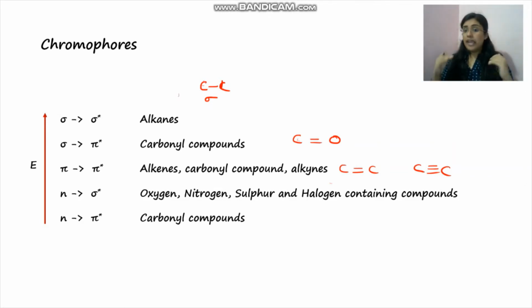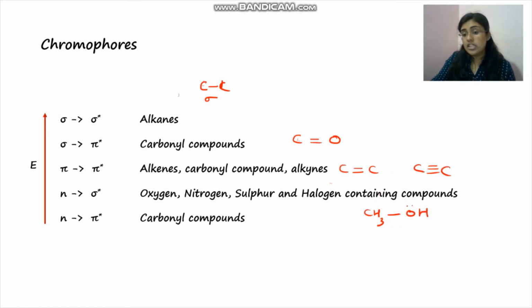pi to pi star transitions. Then we have certain chromophore compounds which have oxygen, nitrogen, sulfur, or halogen atoms present in the compound. Because of the presence of oxygen, nitrogen and so on, lone pairs or free electrons would be present on the atoms. These free electrons are in the non-bonding orbital, and they can undergo transitions giving rise to n to sigma star transitions. Here I can take the case of CH3OH.